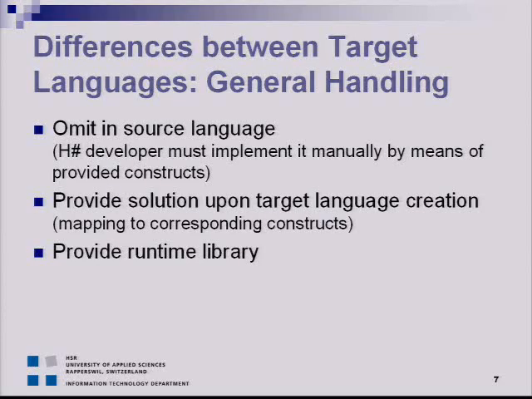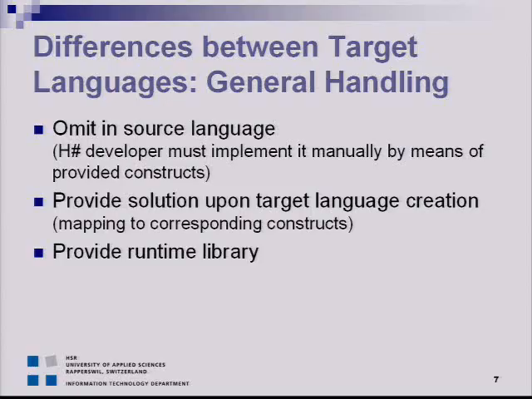The differences in the different target languages can be handled in different ways. First of all, you could omit just the critical spots of the languages so that the developer in A# has to write the code himself. While this is feasible in many parts, it is often not wise to do.